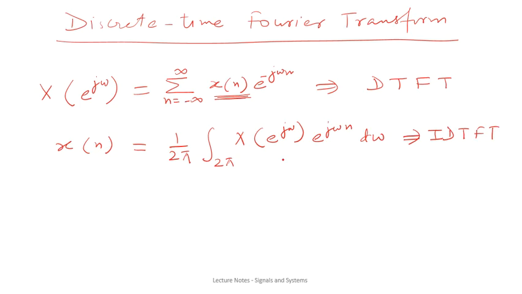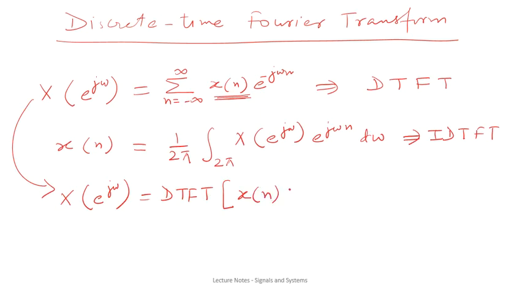So this signal X of e raised to the power j omega represents the discrete time Fourier transform of x[n]. So this can also be written in this form.